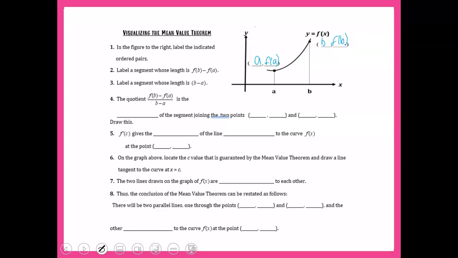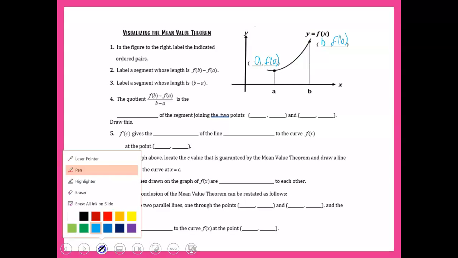So step 1 complete. In the figure to the right, label the indicated ordered pairs. Label a line segment whose length is f of b minus f of a. Label a segment whose length is b minus a. So f of b minus f of a would represent the height of like a mini triangle in this problem.